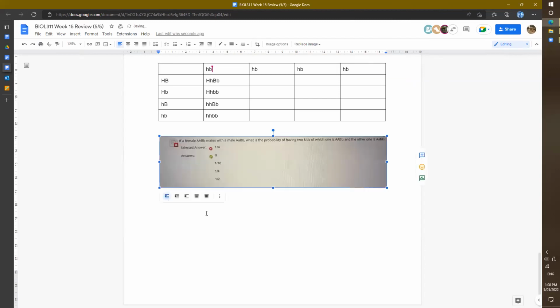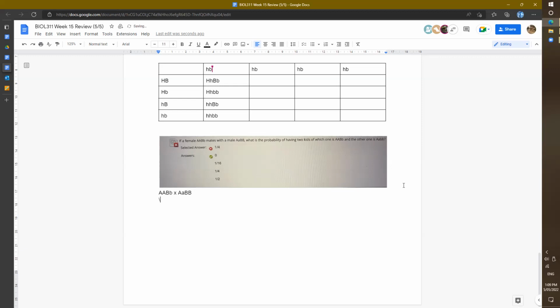So we have a female parent, AaBB, and they mate with a male, AaBb. What is the probability of having 2 kids in which one is AABB and the other is AaBb?